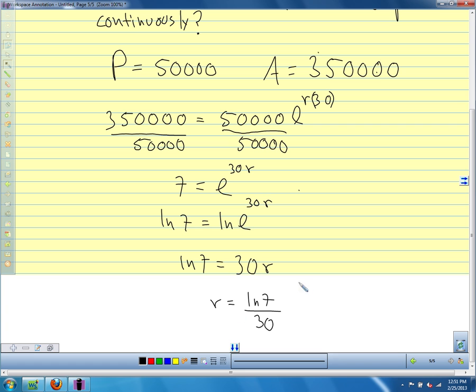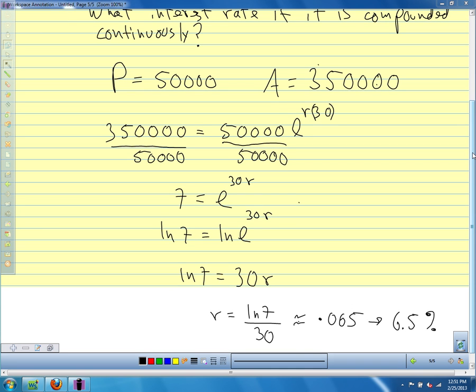If I plug that in my calculator, that's approximately 0.065 or 6.5%. So if I invest my money compounded continuously at 6.5% for 30 years, my investment would grow from $50,000 to $350,000.